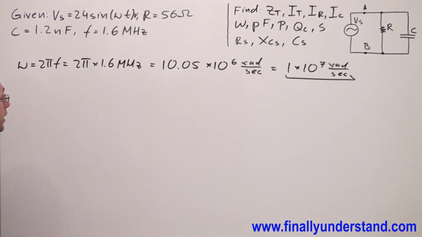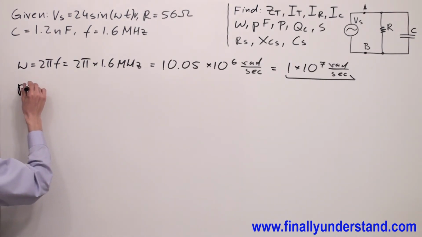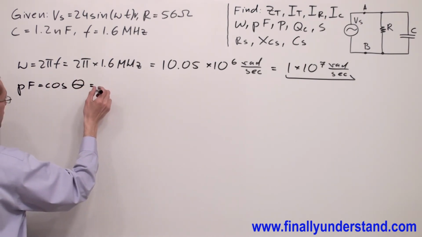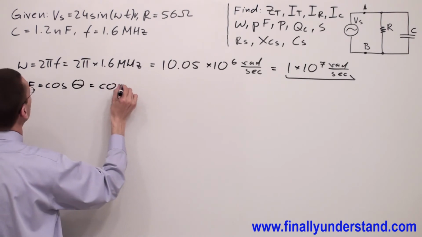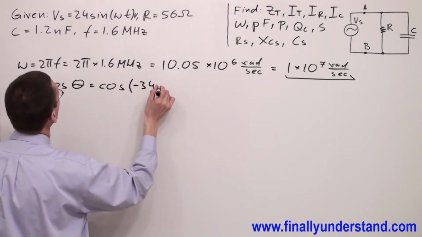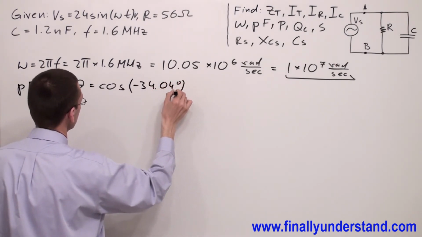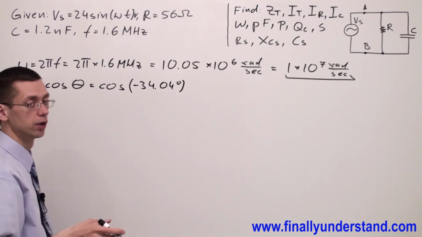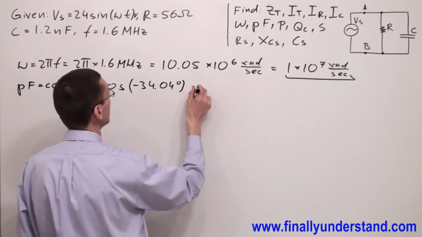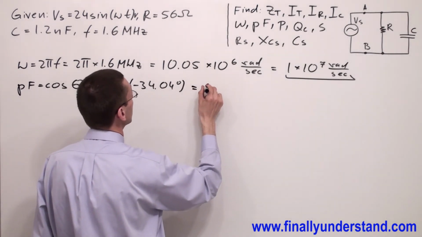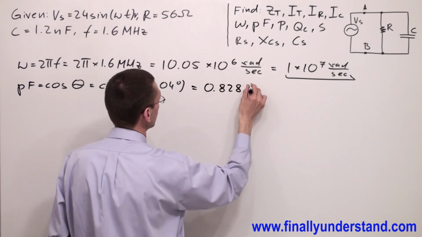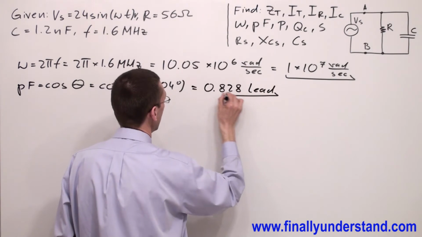Next, we're supposed to find the power factor. Power factor is equal to cosine of angle theta. My theta was equal to negative 34.04 degrees. Remember, theta is the angle which we have next to Z total. So I have power factor equals 0.828, and of course lead. Why?